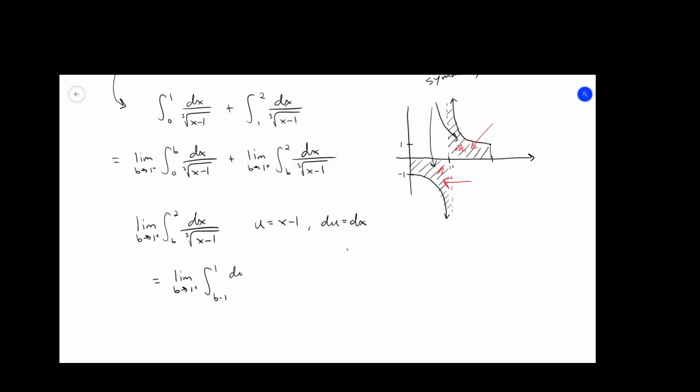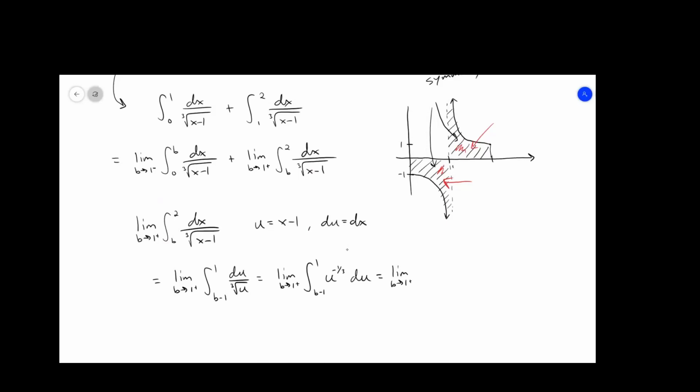And then we'll have du over the cube root of u. Then we can rewrite that to use the power rule, u to the minus 1/3 power. And then the power rule says that if I raise that by 1, I'm going to get 2/3.